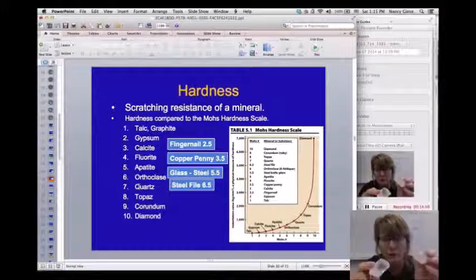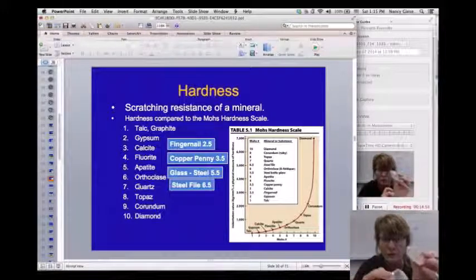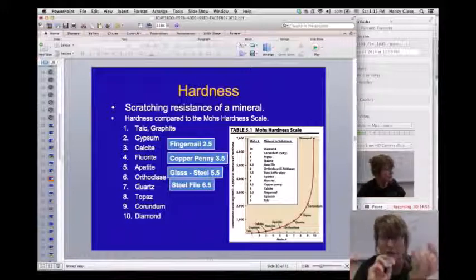And if I know that one is calcite and one is quartz, then since this one's harder, it has to be quartz. So that's the basic idea behind it.